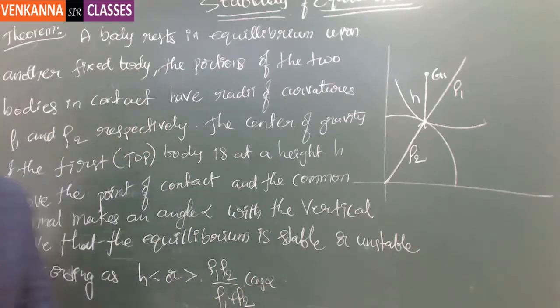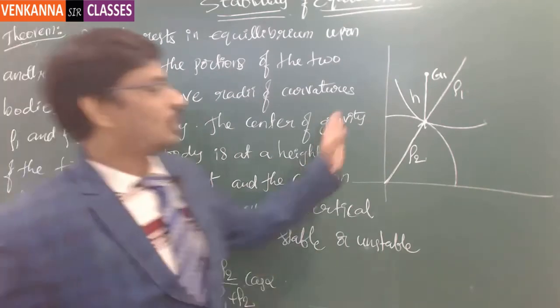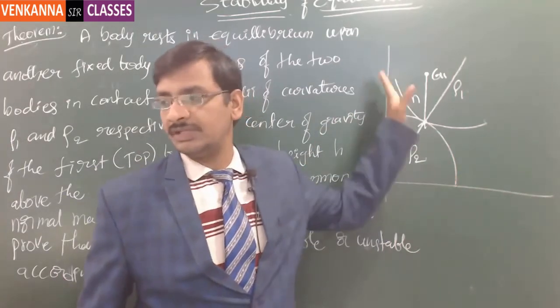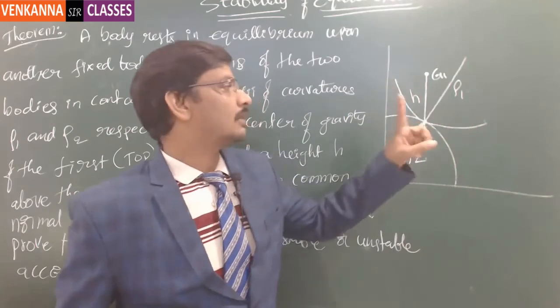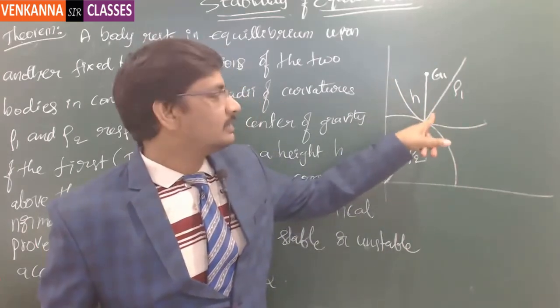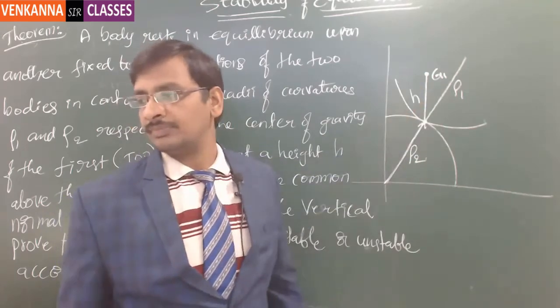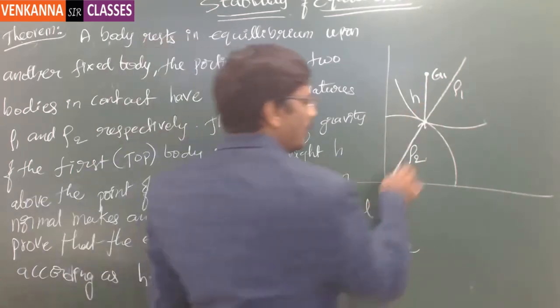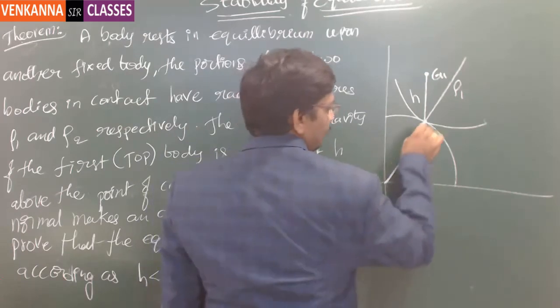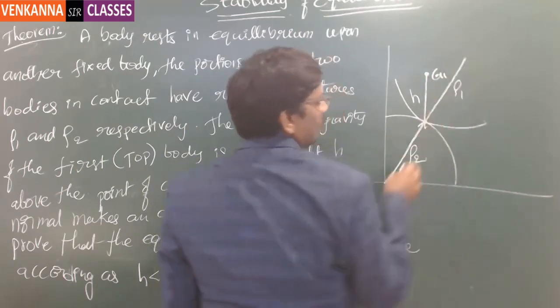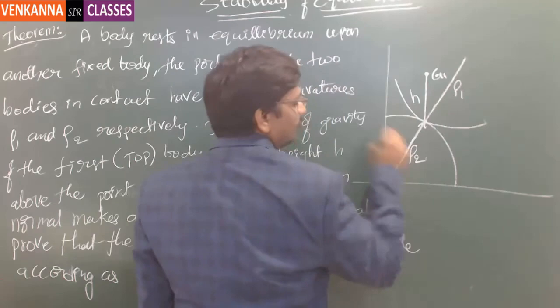So this is the problem statement. There is one body here, and on top of that there is one more body whose center of gravity is at a height of h from the point of contact, and the common normal is this line. This common normal makes an angle of alpha with the vertical.